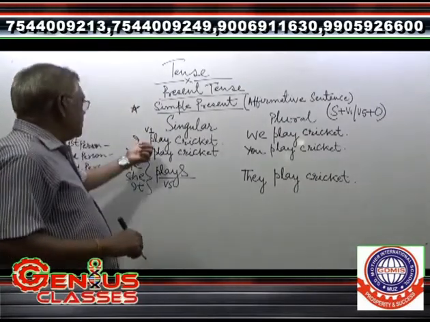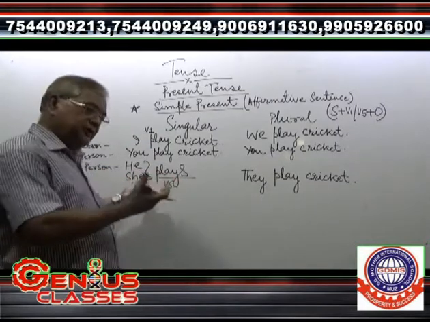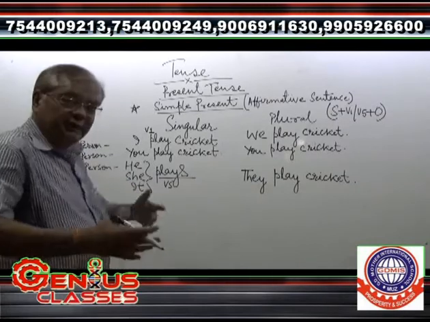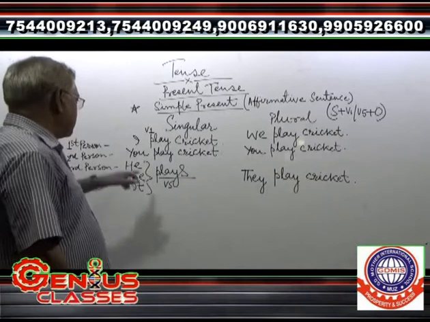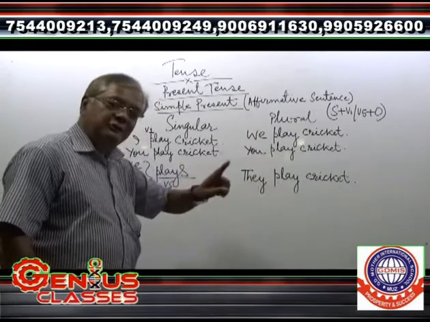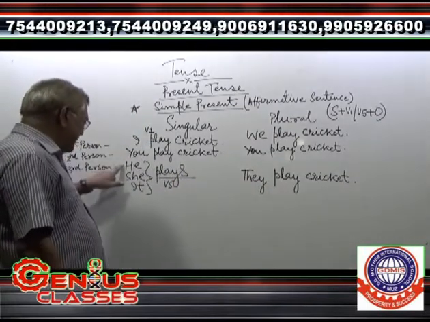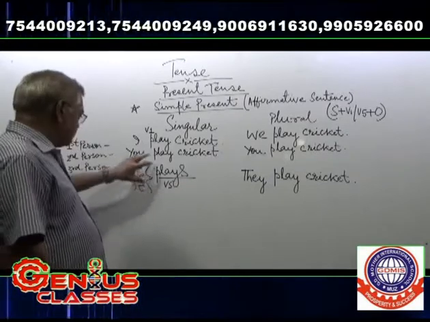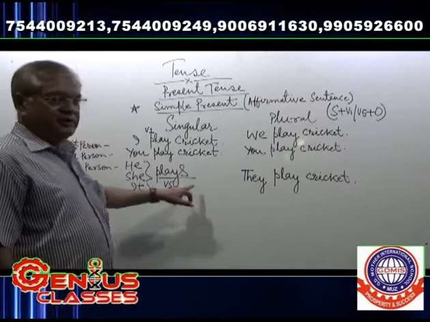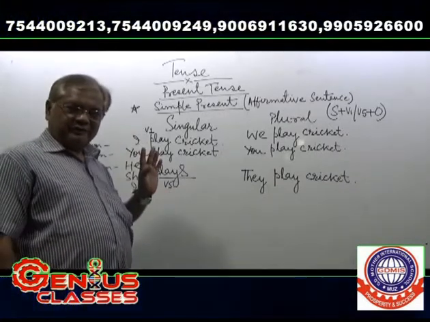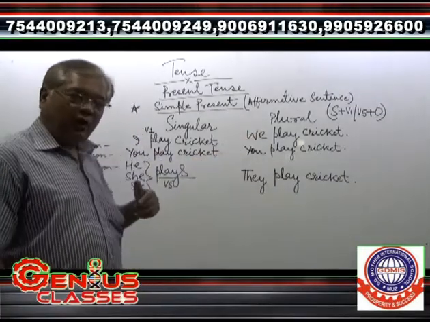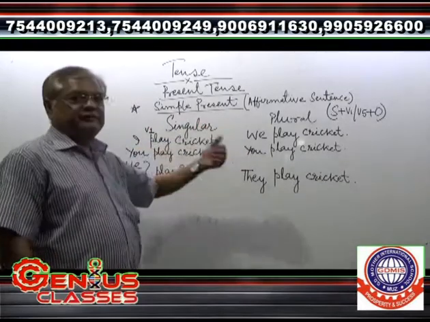Along with I, we, you and they, we use V1. Only with he, she and it, the third person singular, V5 is used. So you all came to know about affirmative sentences of simple present tense.